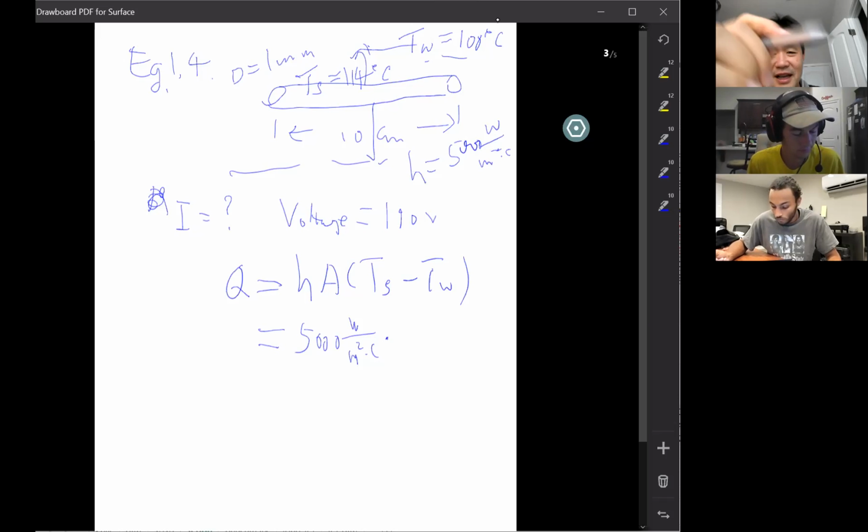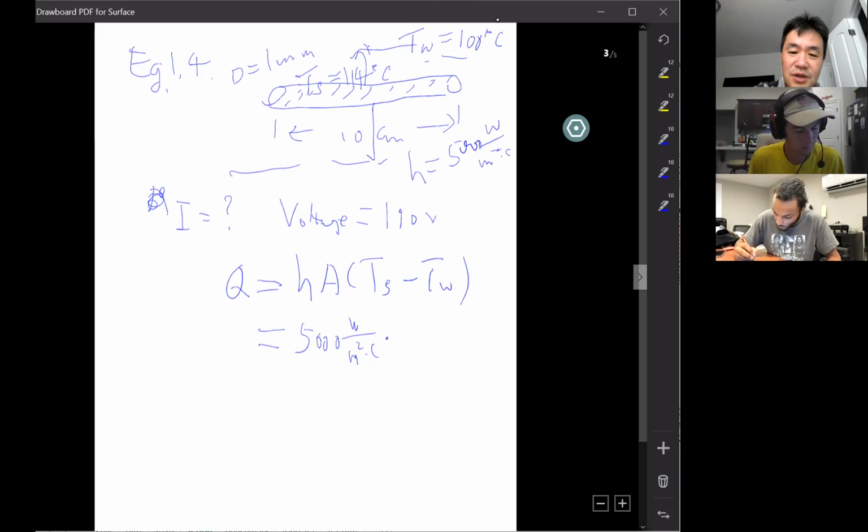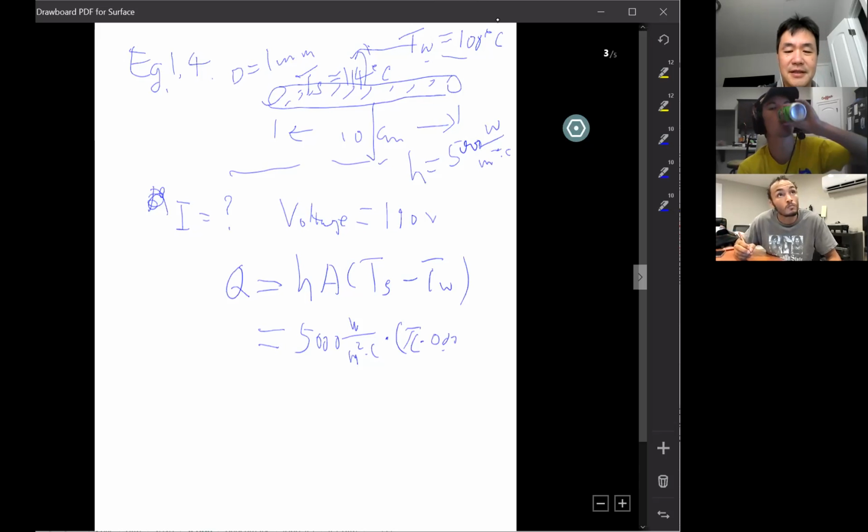You're calculating the surface area of this wire, okay? So the equation will be pi d. What is d? 1 millimeter, 0.001 meter, right? Pi d times the length, 0.1 meter.